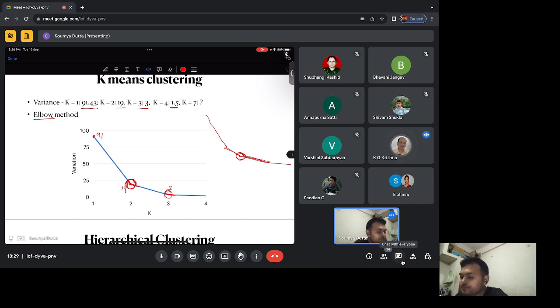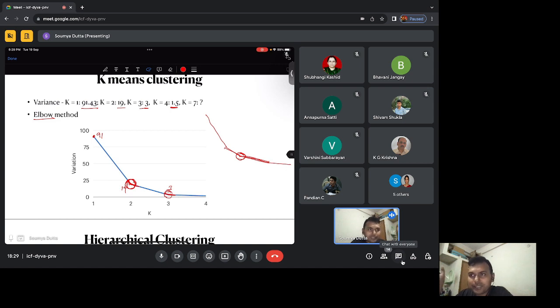Sir, another performance indicator, inter-cluster distance, is also an indication, right? Inter-cluster, yeah, there are different ways to understand what is a good clustering and what is not. Variance is one direction. The thing that you said is also one.